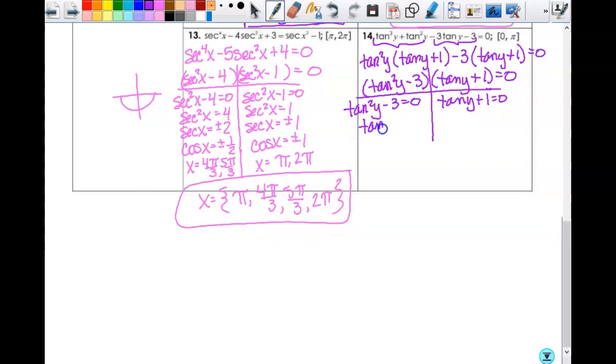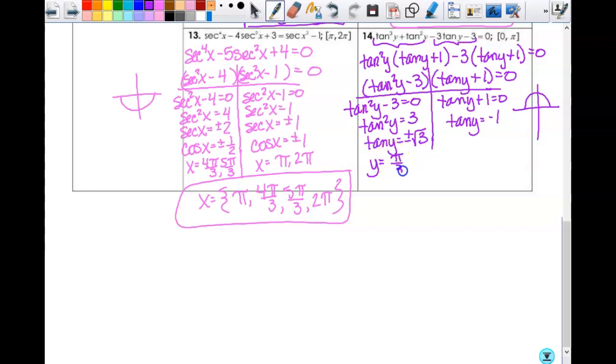So tangent squared y equals 3, so tangent y equals what? Plus or minus square root of 3. Very good. And then tangent y over here equals negative 1. All right, so I'm going from 0 to pi. So when in that will tangent be plus or minus square root of 3?